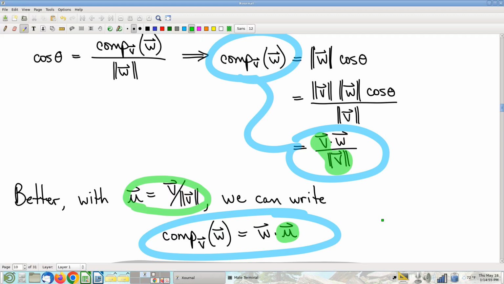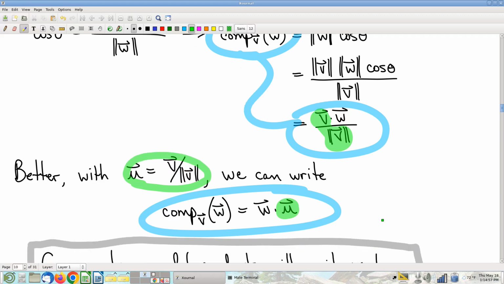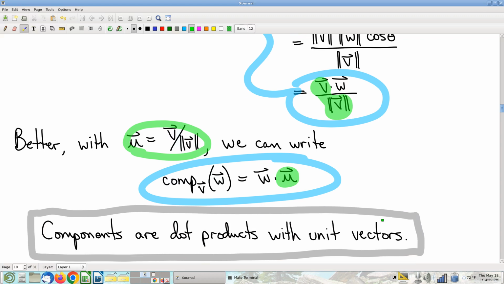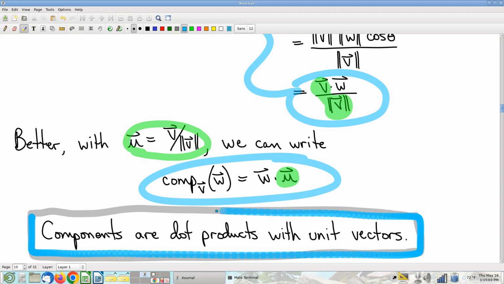Components are dot products with unit vectors, which I think I wrote down here. Yeah, here we go. Components are dot products with unit vectors. So, in my mind, this is the formula I have memorized because it's pithy, right? It's easy. It rolls off the tongue nicely. It's another way to say it. This is a lovely feature of unit vectors specifically.